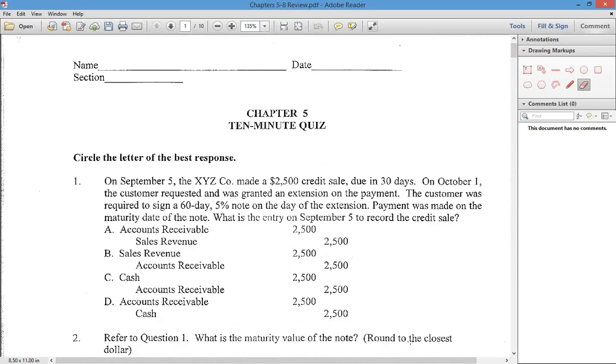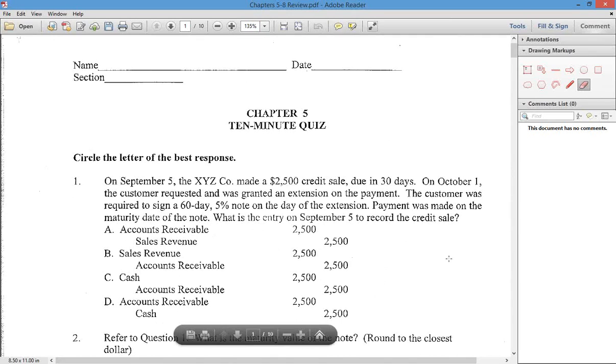So when I'm using the aging of receivables method, I must pay attention to the balance that's already in my allowance for doubtful accounts or allowance for uncollectible accounts. And when I'm using the percentage of sales method, I don't pay attention to that balance at all. I just multiply my number times a percent, and that's the amount I use.